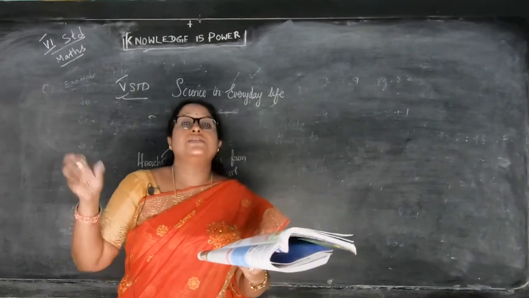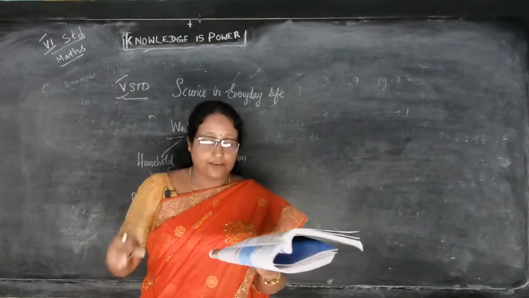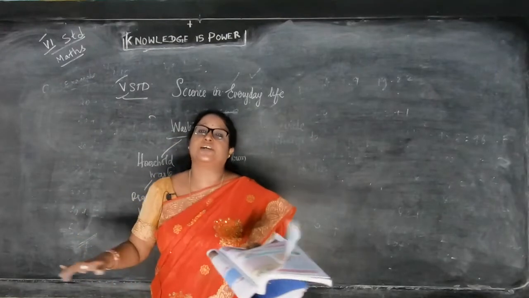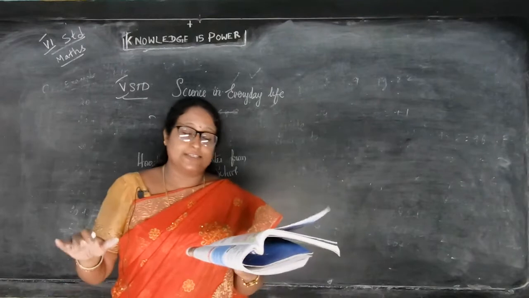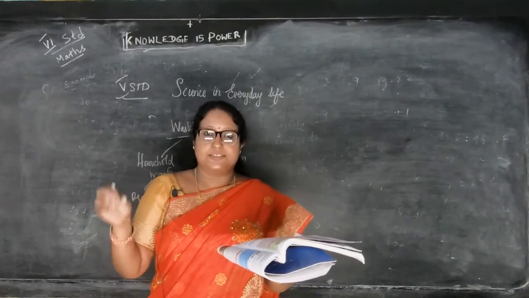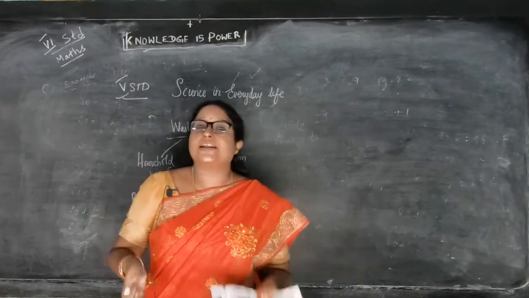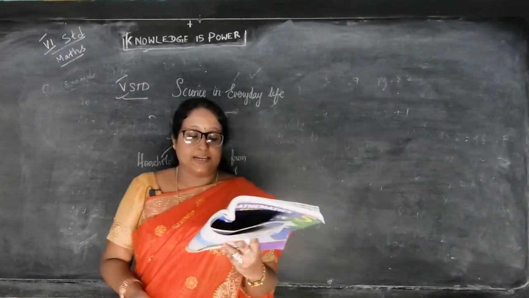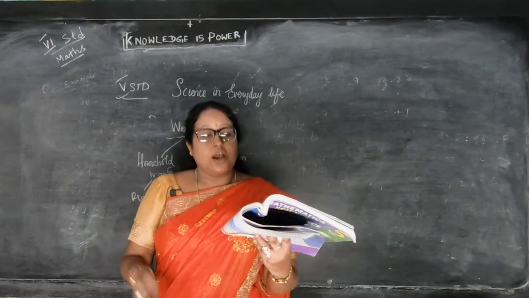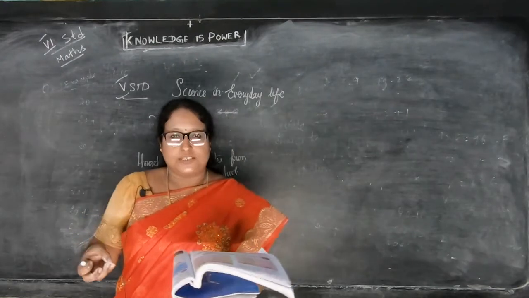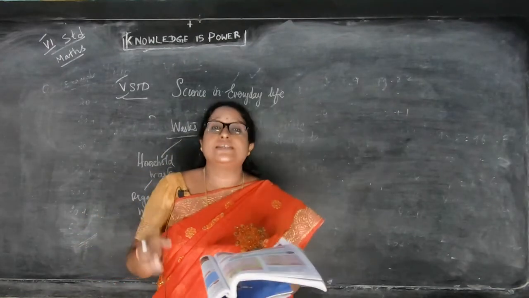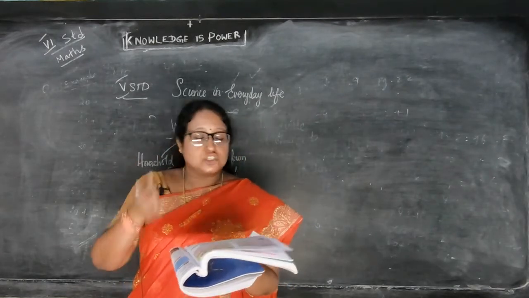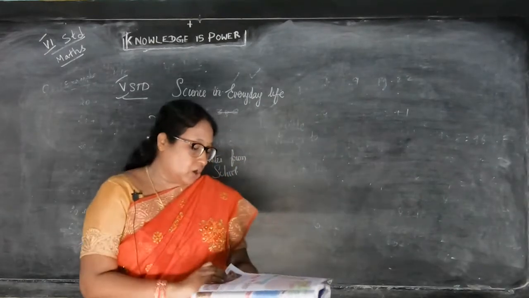Fertilizer is a chemical which is added to the soil to increase the fertility of the land. Next is pesticide. Pesticide is used for destroying the insects. And the containers, batteries, shoe polish are also toxic waste.